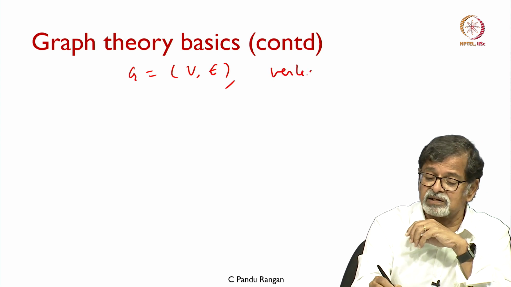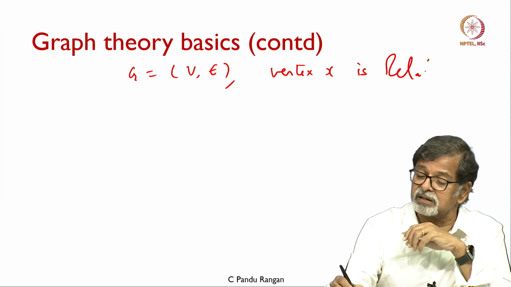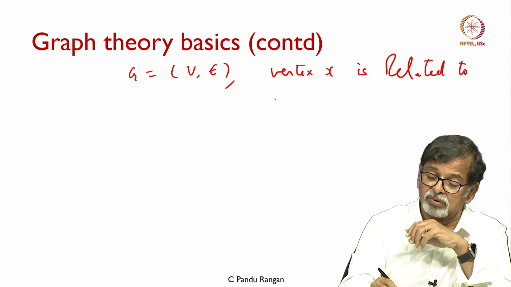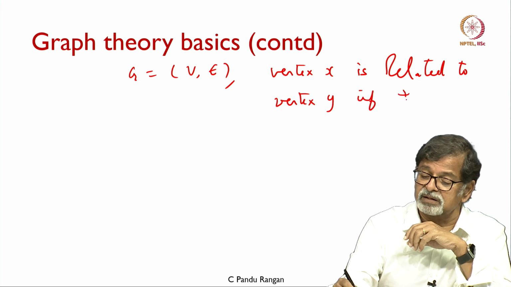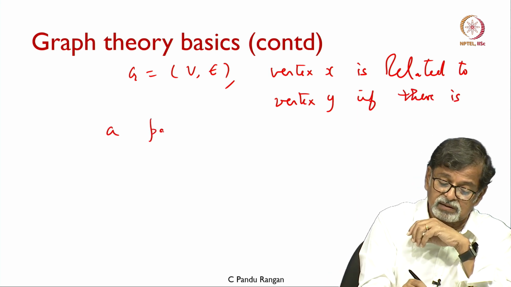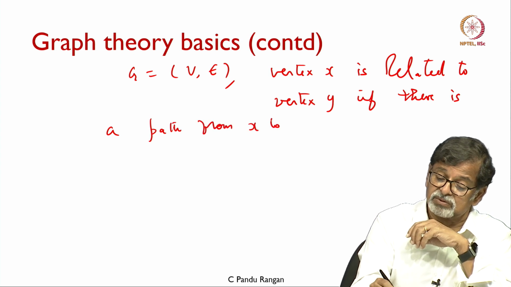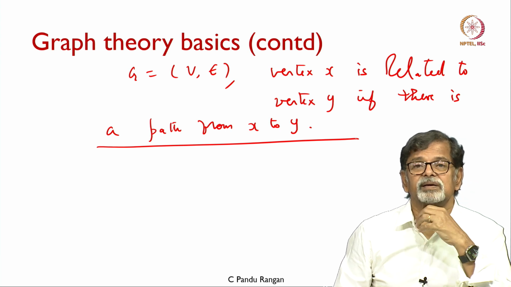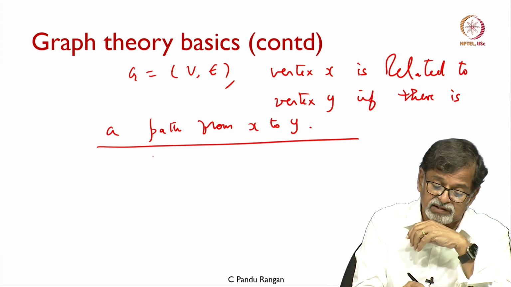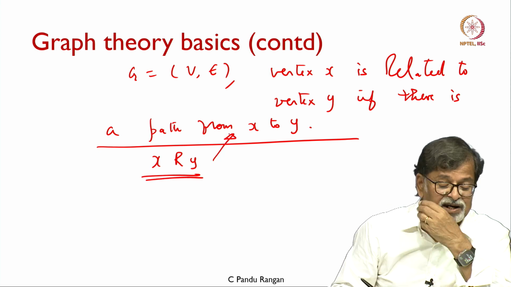Vertex x is related to vertex y if there is a path from x to y. So, we write it like this: x is related to y if this property is satisfied.